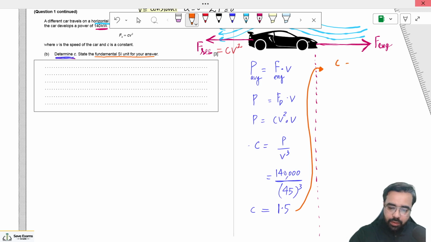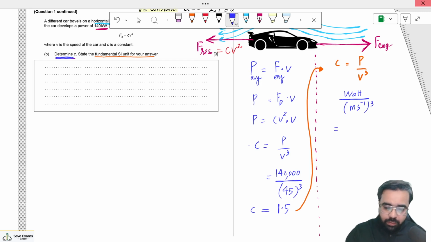So C is equal to power over v cubed. The power unit is watt, and the speed unit is meter second to the power -1, cubed. Now, the watt is equal to joule per second, because it is work over time. So joule per second divided by meter cubed and second to the power -3.